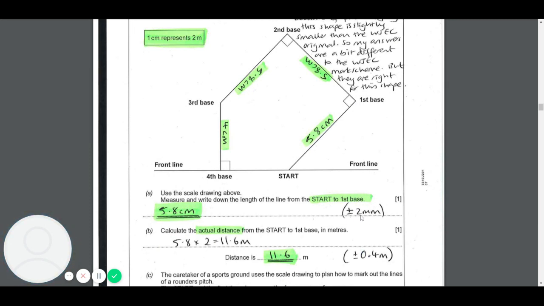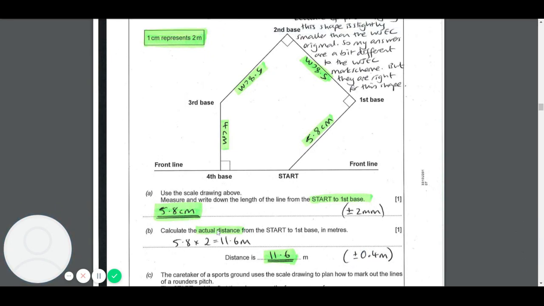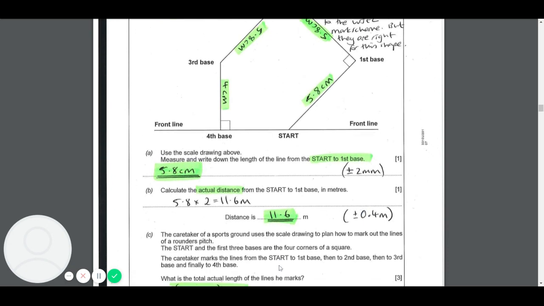Plus or minus 2 millimeters means you could be as high as 6 or as low as 5.6. Part B, calculate the actual distance from the start to the first base in meters. Well, 1 centimeter to 2 meters, multiplied by 2, change the units to meters, 11.6. And again, this plus or minus 0.4 is just because if you started with something slightly different and just doubled that, then that would get you those marks.